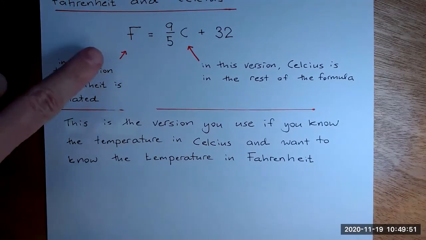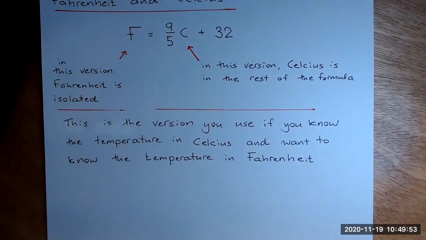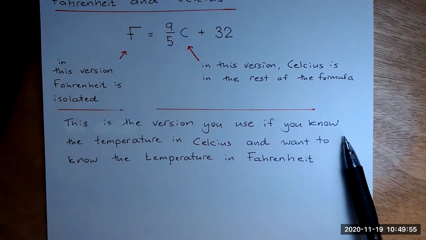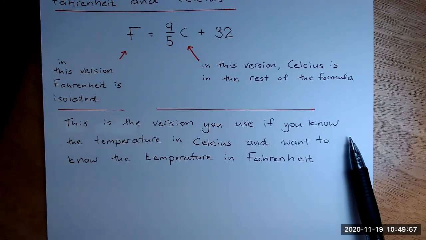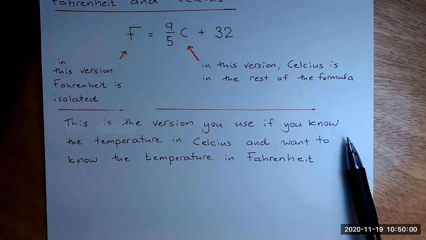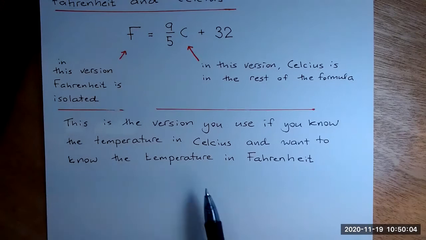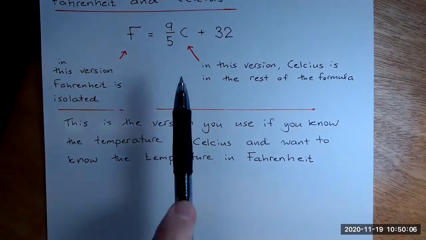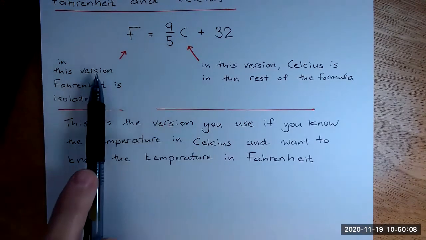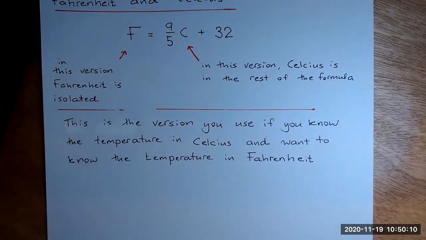If the formula is solved for Fahrenheit, then this is the version you use if you know the temperature in Celsius and want to know the temperature in Fahrenheit. So you know Celsius, you want to know Fahrenheit.